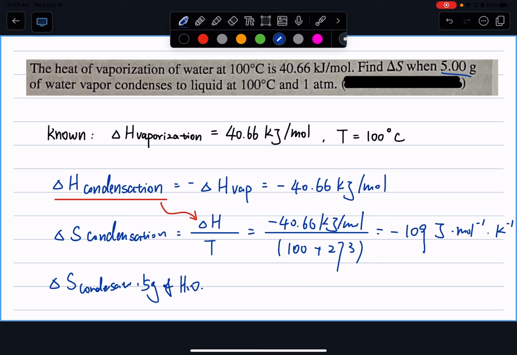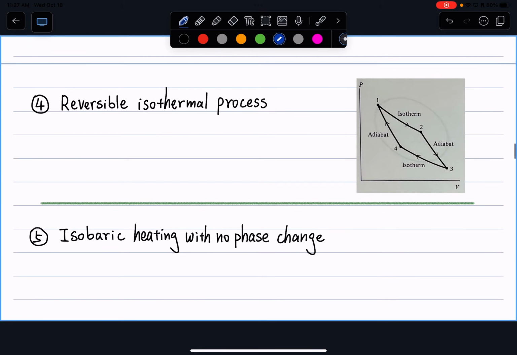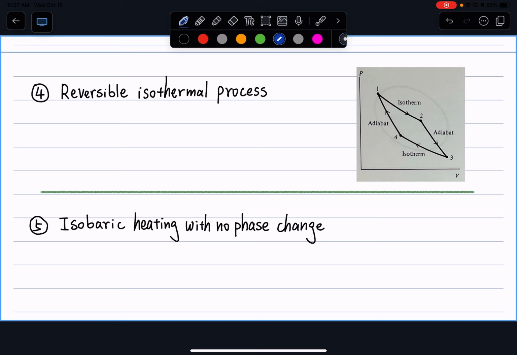All right. Then let's move on to some new examples. We can also have reversible isothermal processes, which are the two isothermal regions on our Carnot cycle. This one, again, we're using the definition: delta S equals the integral from 1 to 2, for a reversible process, of dq rev over T. Now, if we know it is an ideal gas, we might be able to express it further.